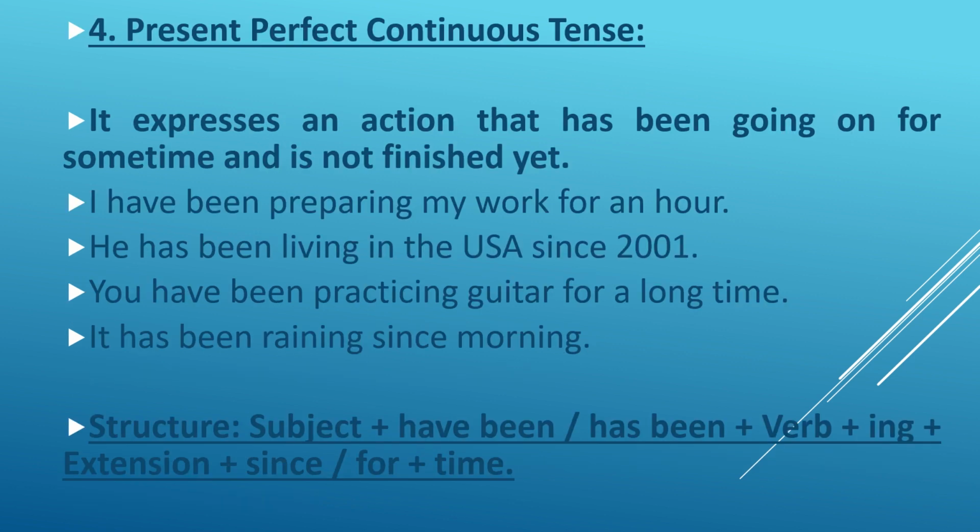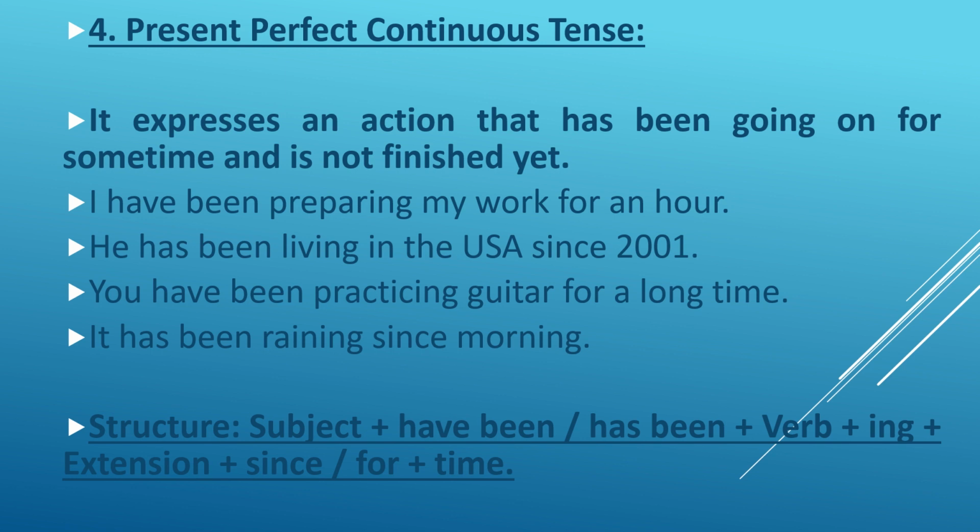Now the last one for today, present perfect continuous tense. What is it? Present perfect continuous. This tense expresses an action that has been going on for some time and is not finished yet. That is, it has started and it is continuing and it's not finished yet.